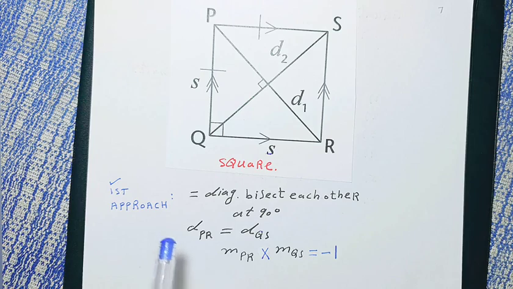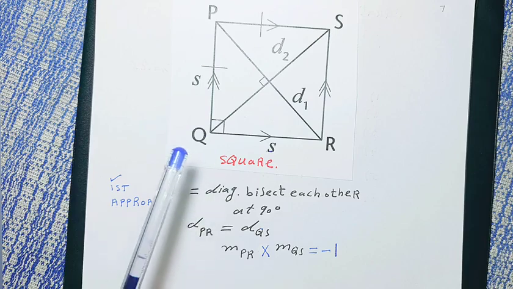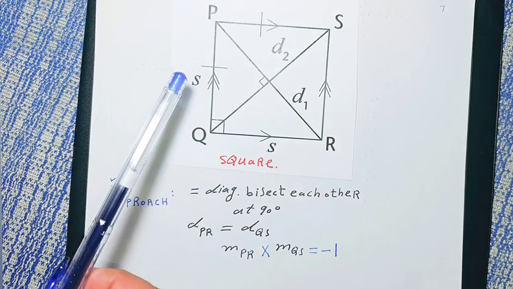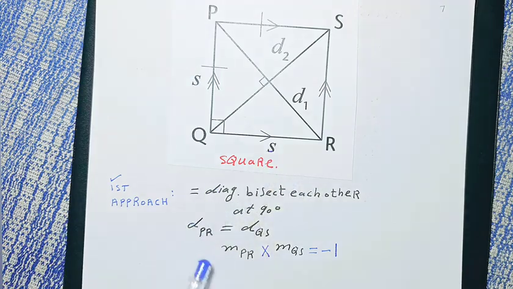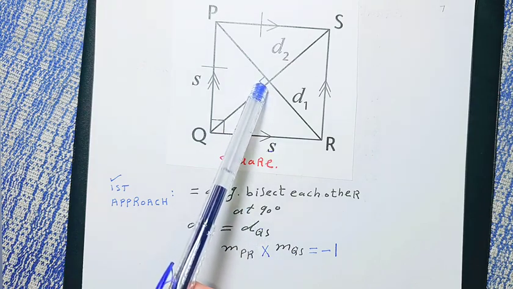So we need to take the length of PR. We're going to apply the distance formula, and it is equal to the distance of QS. That's the first thing we need to do. And the second thing, we take the gradient of PR, multiply by the gradient of QS, and it must be equal to -1. Which means we're going to prove that they bisect each other at 90 degrees.